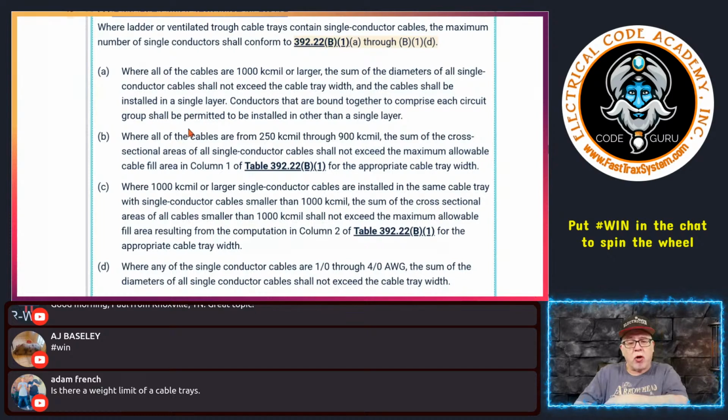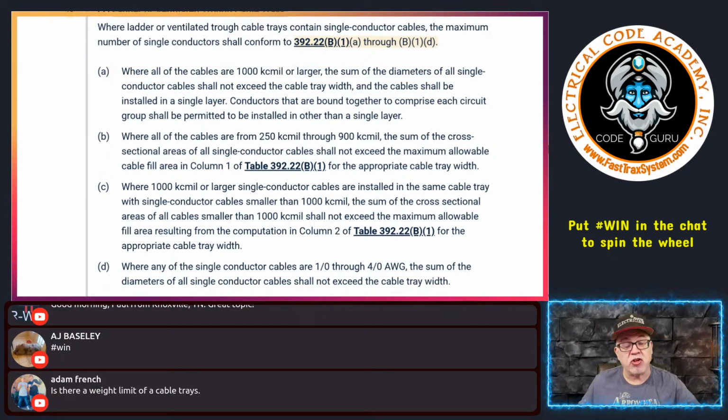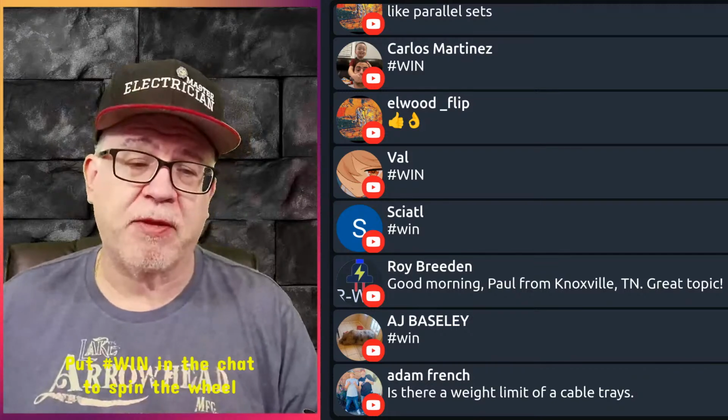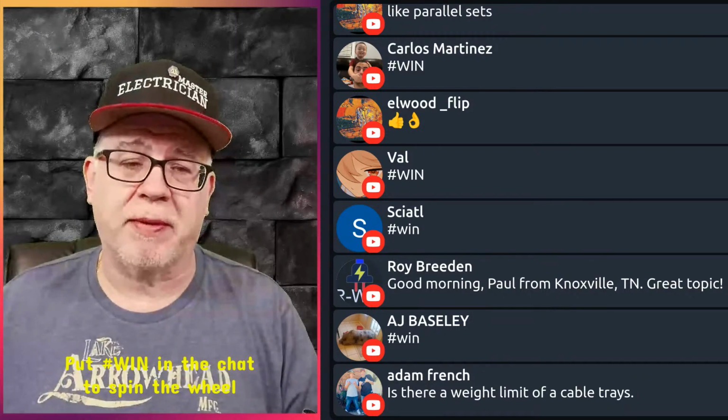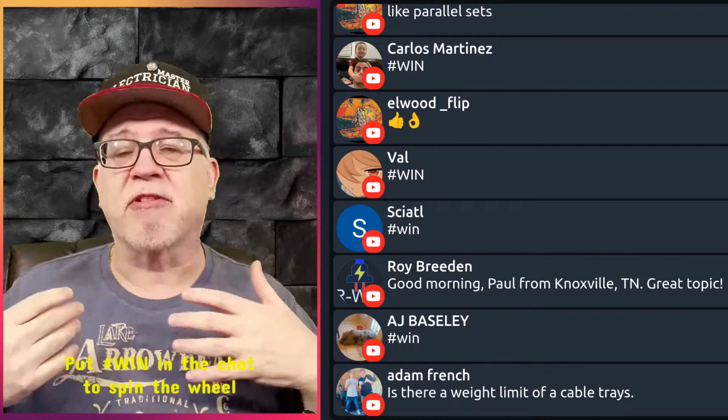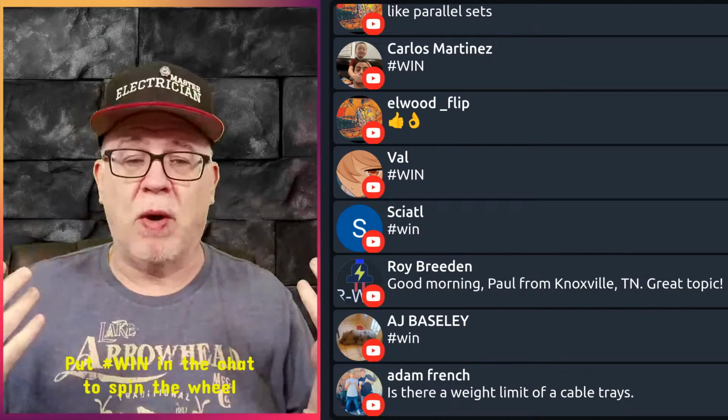Also, a lot of questions that people ask me: can I use a cable tray to support other wiring methods like boxes and raceways? Since this cable tray is there, you're thinking, can I support anything underneath it? The short answer to that is no. But the accurate answer is maybe, if the manufacturers give you information that shows their cable trays are listed and rated to support that additional weight.